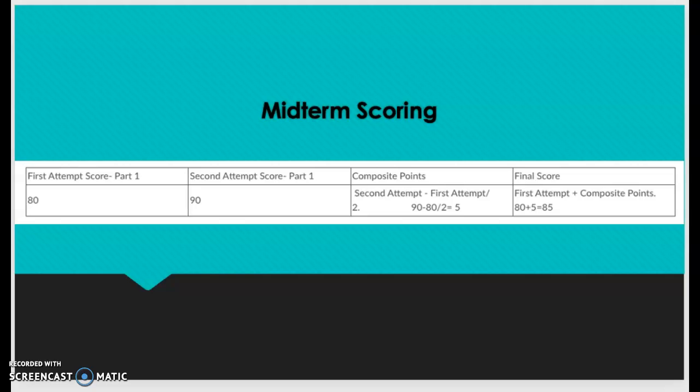Then, to get the final score, we take your first attempt, so that 80%, and then we're going to add the composite points to that total score for a score of 85%. So make sure that you're familiar with how this works, because you can choose if you want to take the second attempt during week 10 or not.